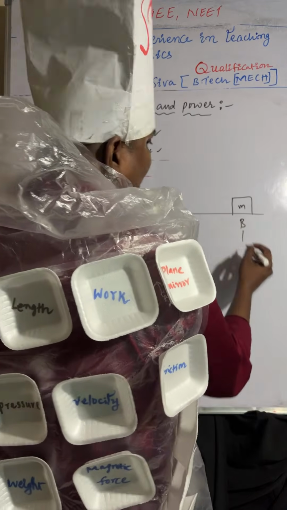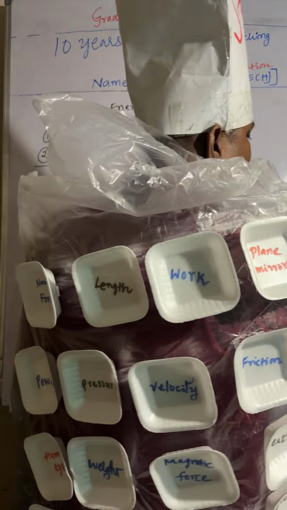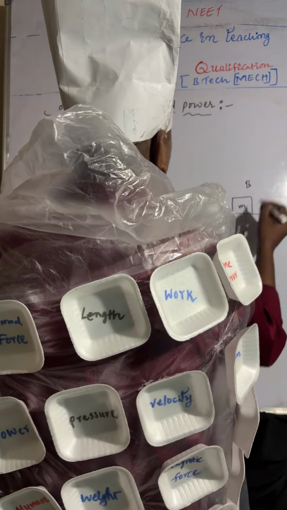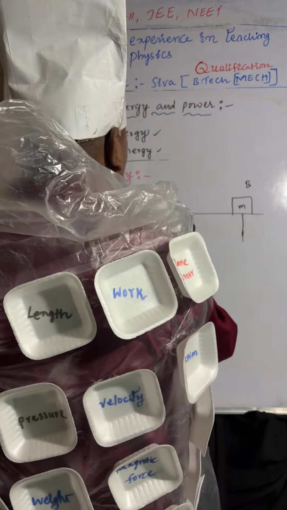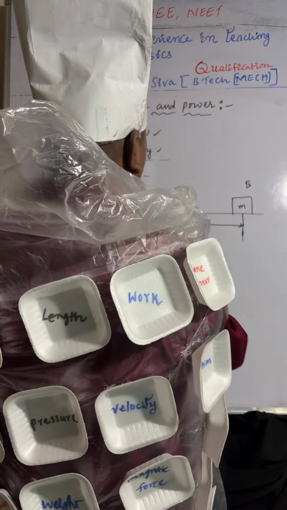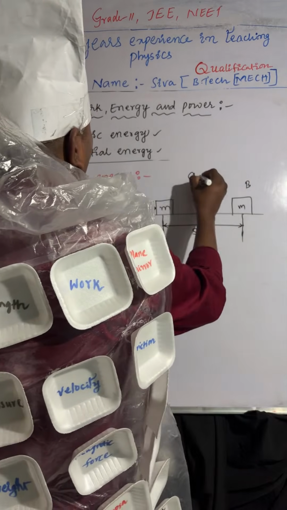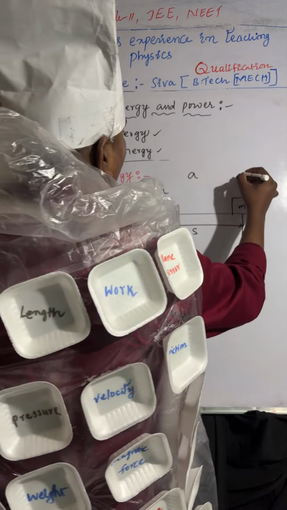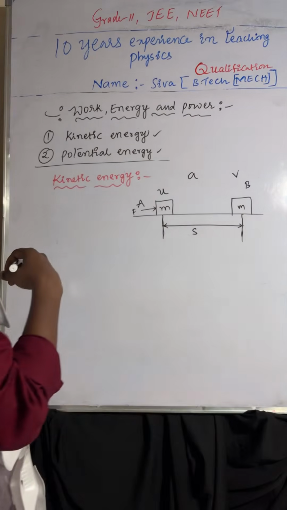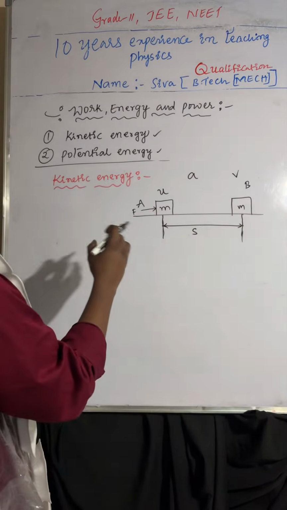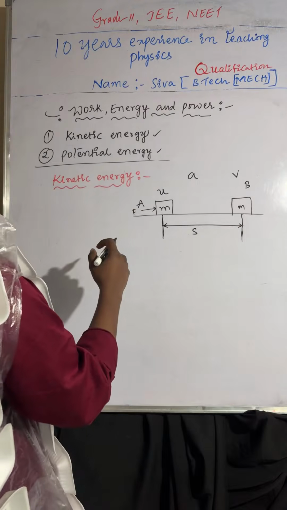So it reached position B. The displacement is s, I am taking here. Initial velocity of the body is u, and final velocity of the body is v. So we applied force on the object.